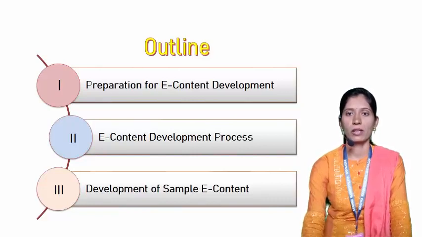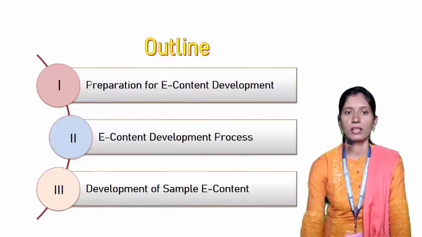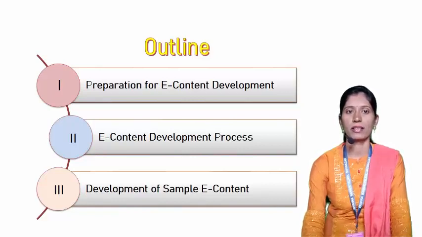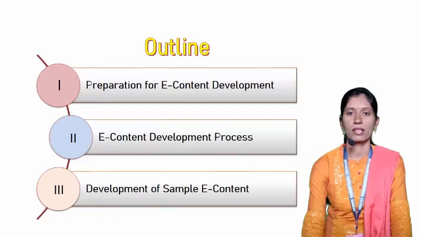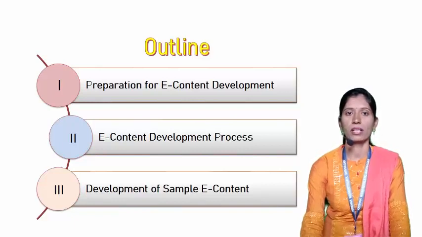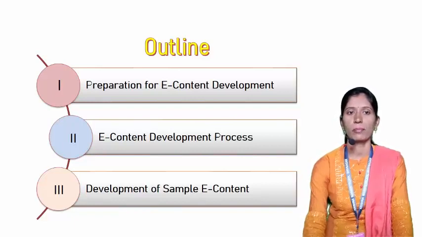We will study development of e-content in 3 parts. The first part will cover preparation for e-content development. The second part of this session will cover the e-content development process, and the third part will demonstrate development of a sample e-content.